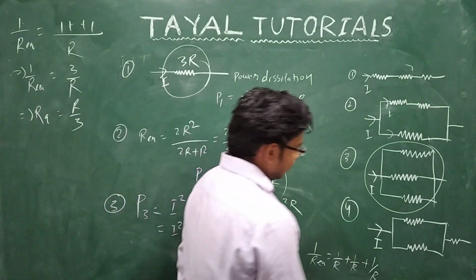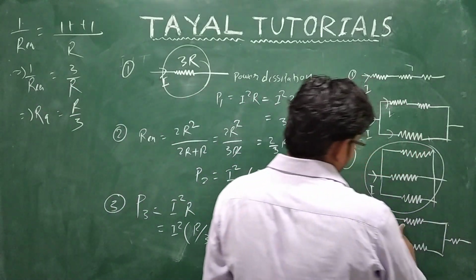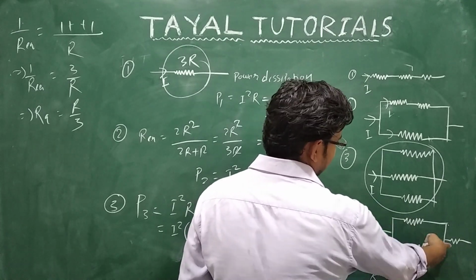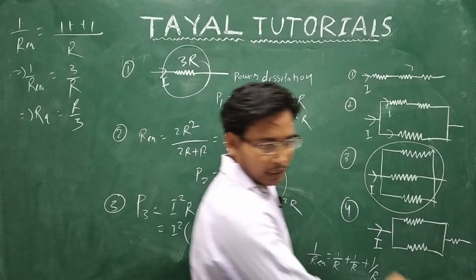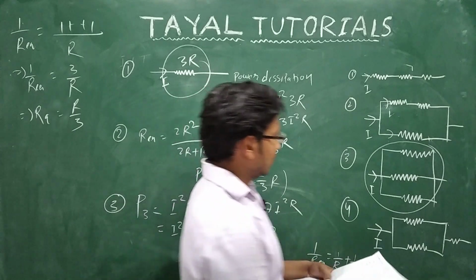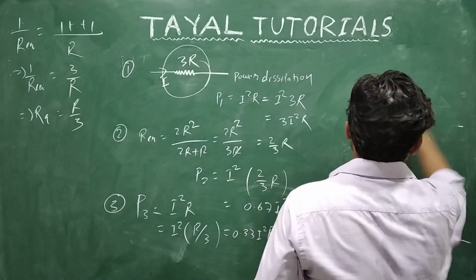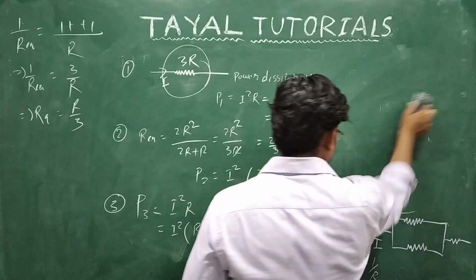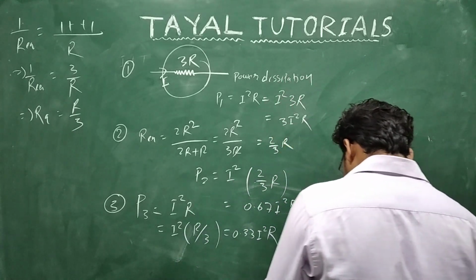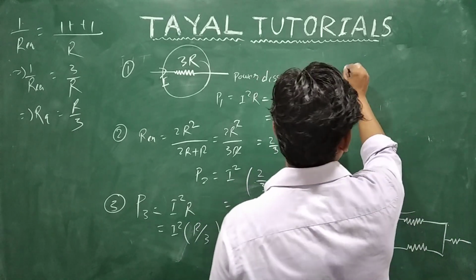So I am left with P4. These two are in parallel, and that is in series with this one. So you can get the R equivalent for the fourth option.